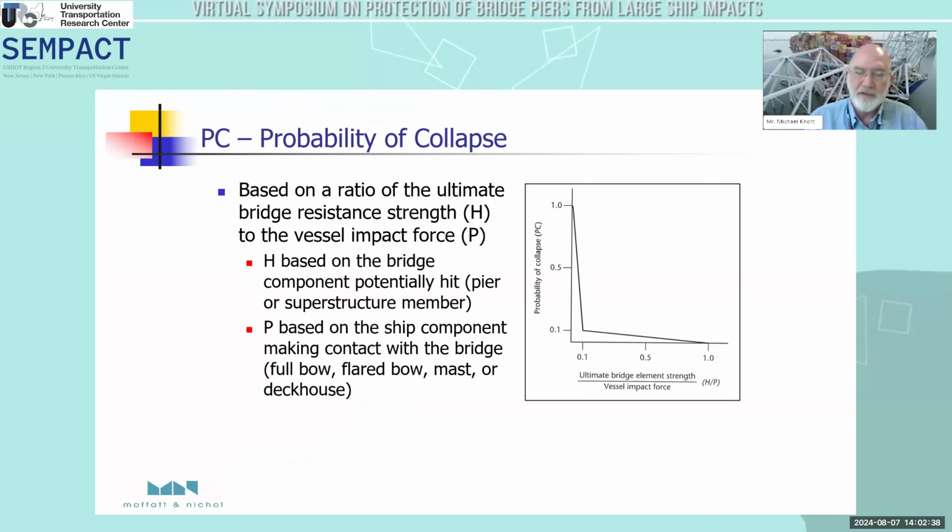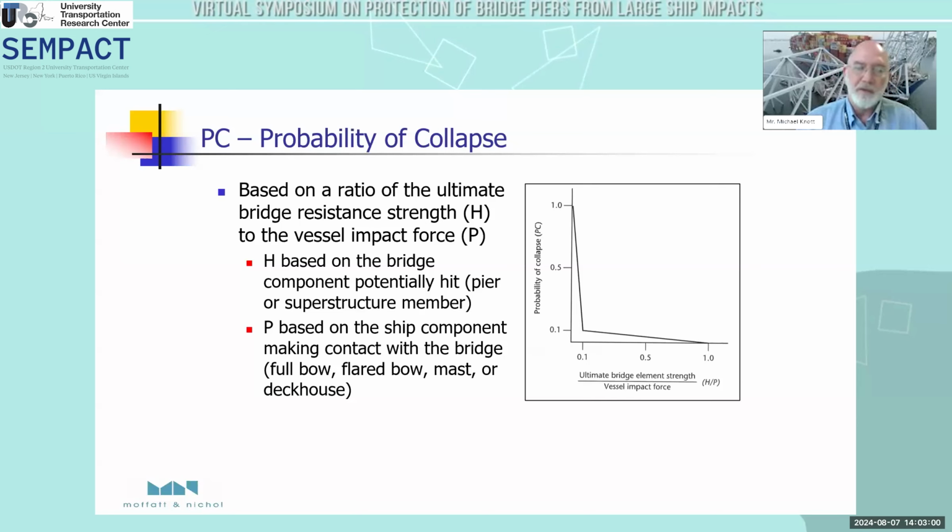Probability of collapse is based upon a ratio of bridge resistance strength to vessel impact strength. This was developed from work from Dr. Fuji in Japan, and this curve on the right is basically based on thousands of collisions of small ships hitting big ships and big ships hitting big ships and big ships hitting small ships.